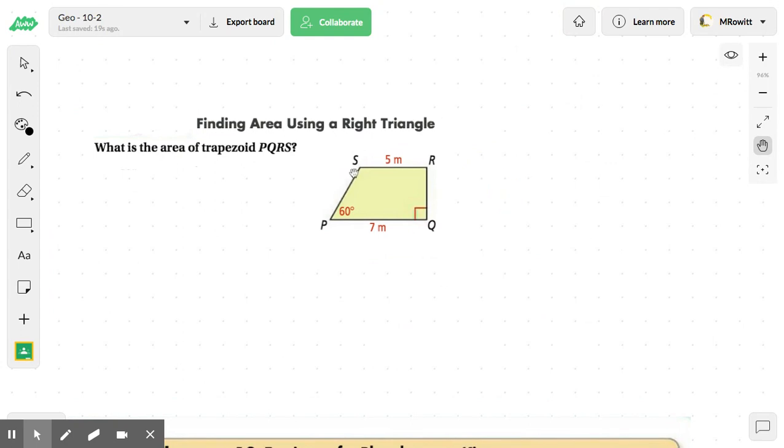All right, so I want to find the area of this trapezoid. But if I look at it, I'm not given enough information. Or at least at first glance, it looks like I'm not given enough information. We spent a chapter ago learning about special right triangles. So this is where somebody goes, how the heck am I supposed to know that that's what I'm going to use?